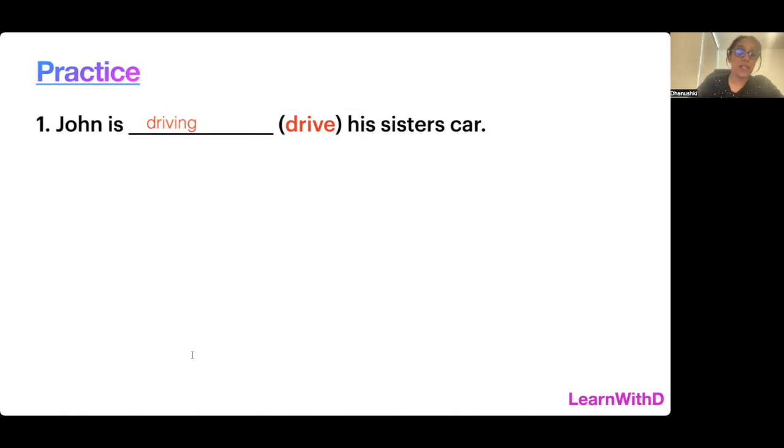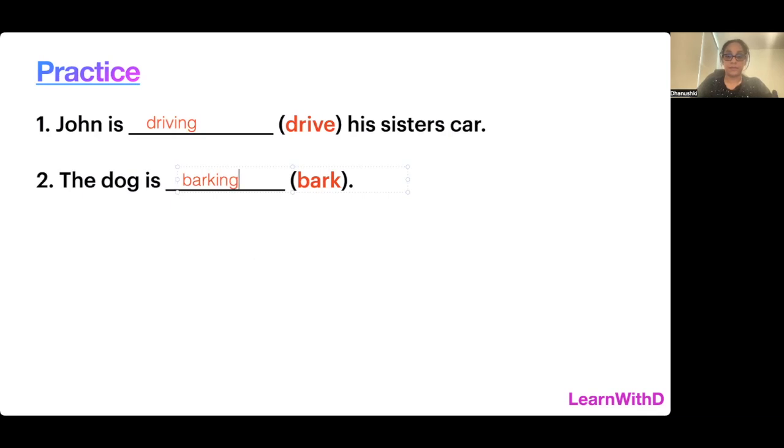Okay. Let's take another sentence. The dog is, and the verb is bark. Did you get that? The dog is barking. Okay, I hope you got that answer right.